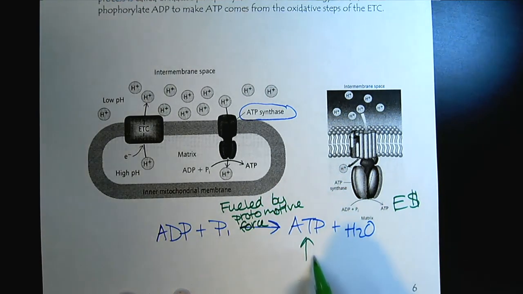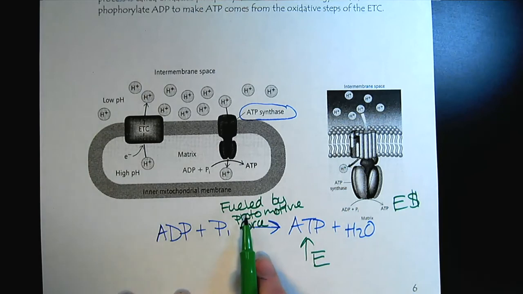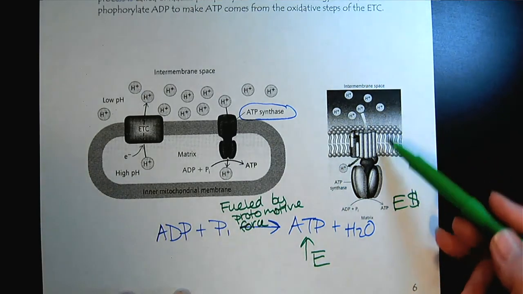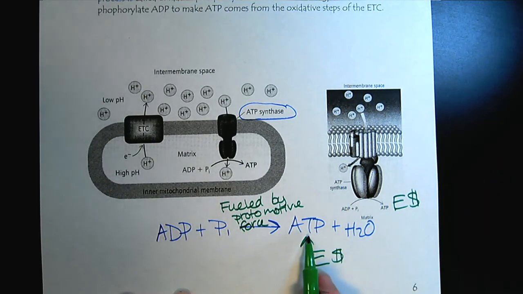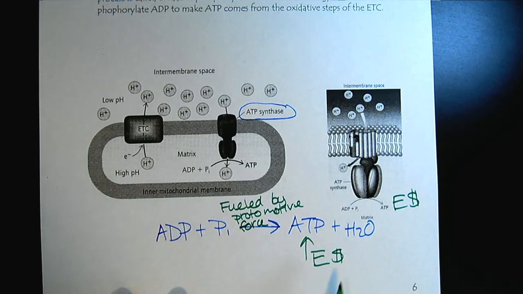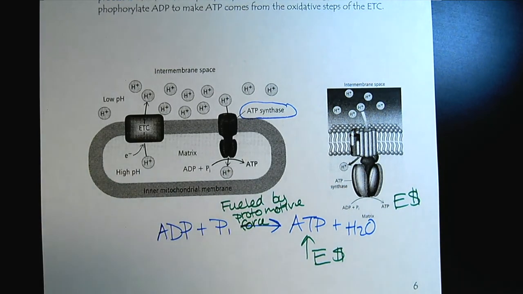That energy gets transferred from the potential energy of this gradient into the energy held in that phosphoanhydride bond, and so that's our energy currency. Okay, so that wraps up the electron transport chain and oxidative phosphorylation. Please take time now to work some homework problems to reinforce your understanding.